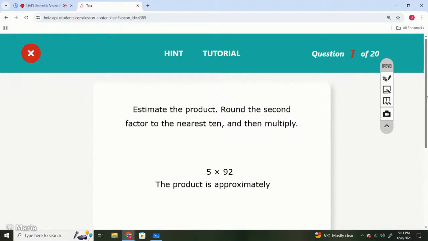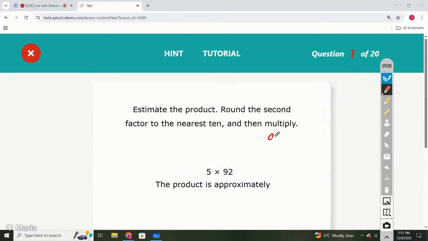So 92 is close to which 10? It is between 90 and 100, right? 92 is just 2 points away from 90 and it is 8 points away from 100. So it is rounded to 90 because that is close to 90, right?